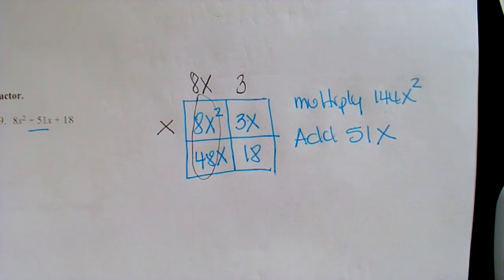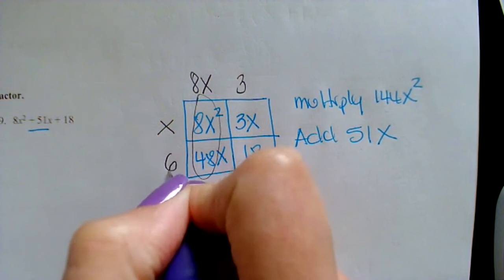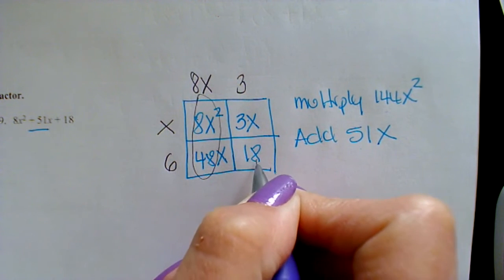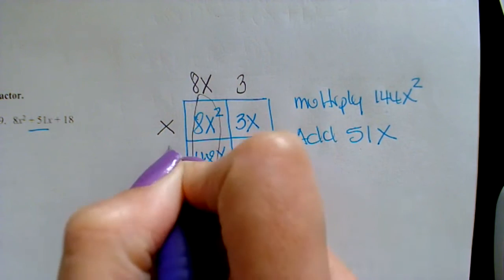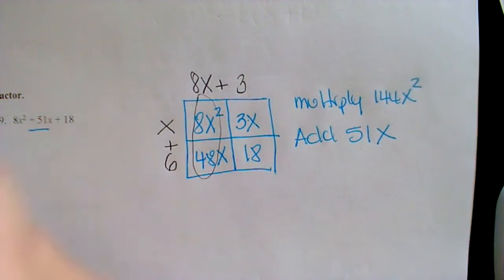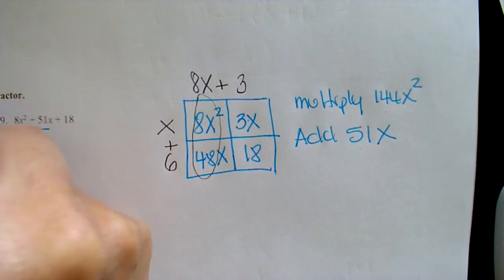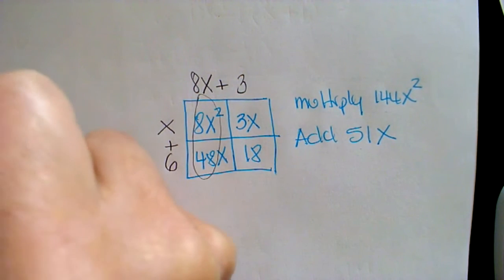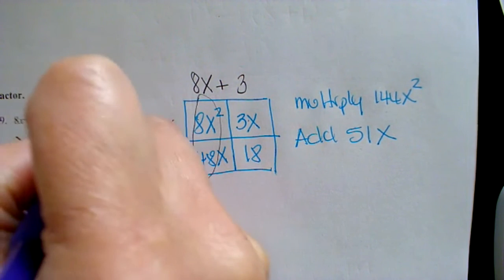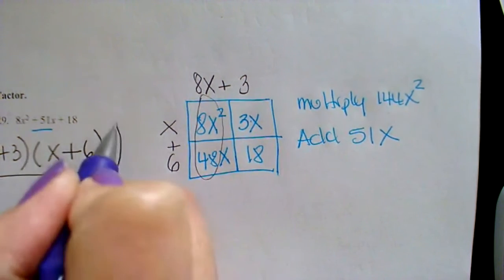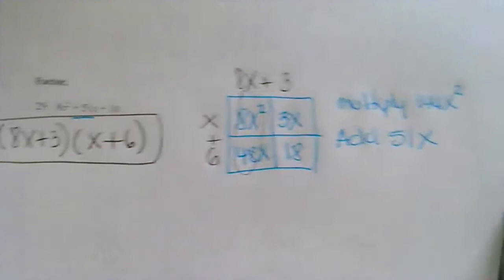And here we will have 48, and 6 times 3 is 18. All right, and all of this is going to be positive because all of the numbers are positive. So my answer is going to be 8x plus 3 times x plus 6.